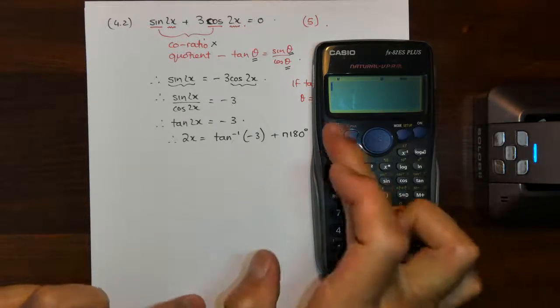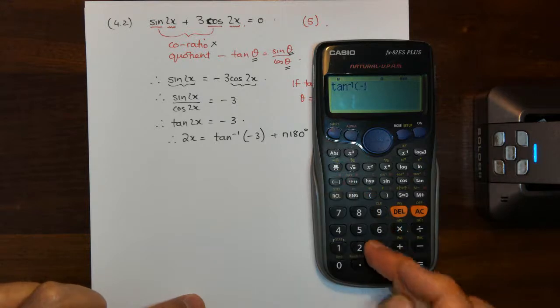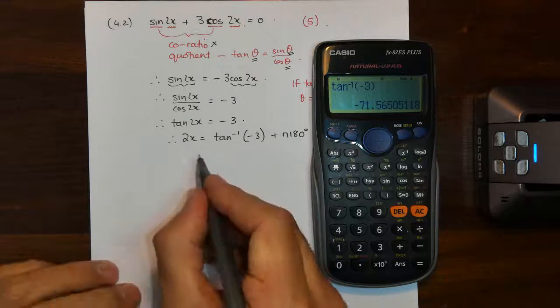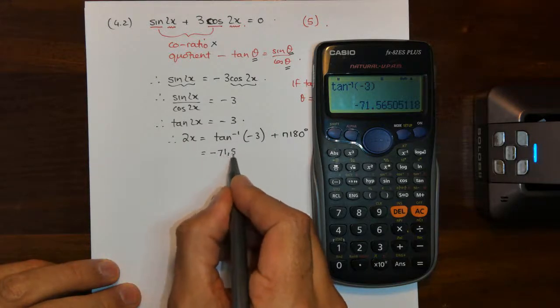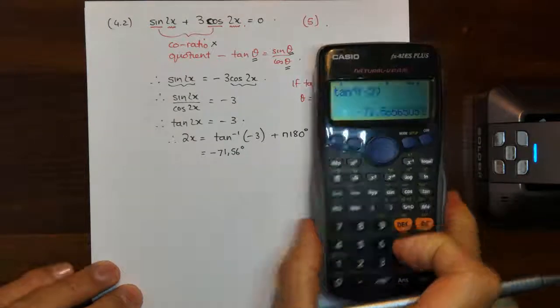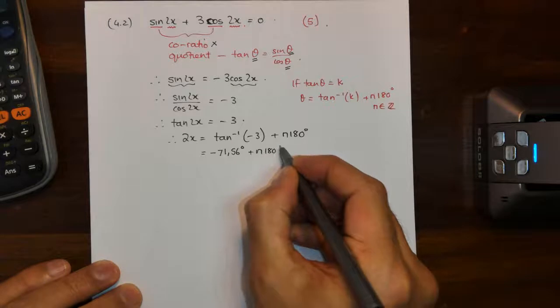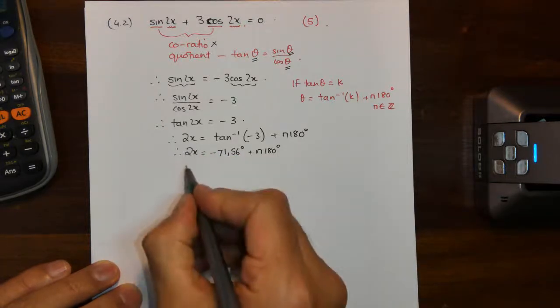So I go second function tan of the negative 3, and I ask my calculator to tell me what it is, and that gives me minus 71,56 degrees plus multiples of 180, which is equal to 2x. Don't forget your therefores as well.